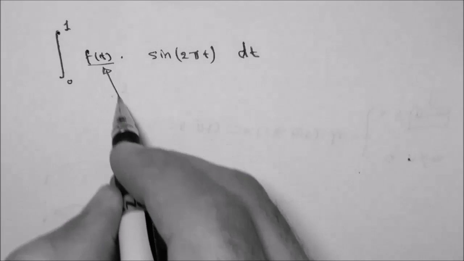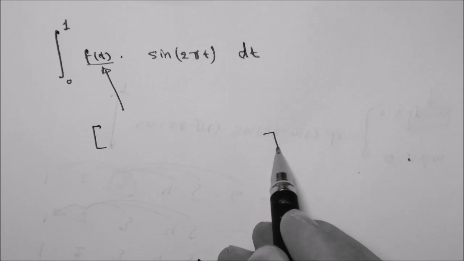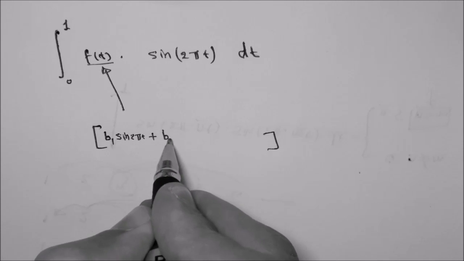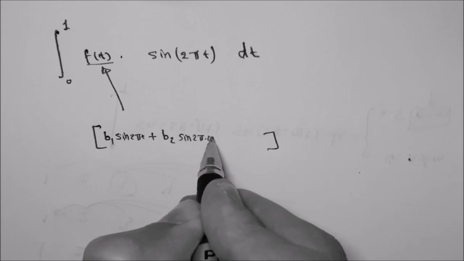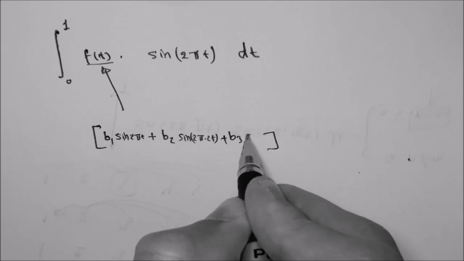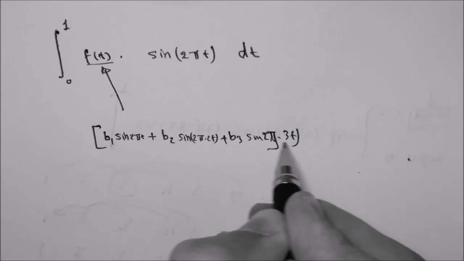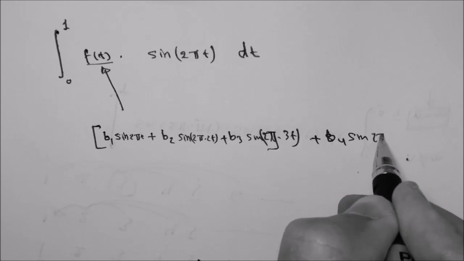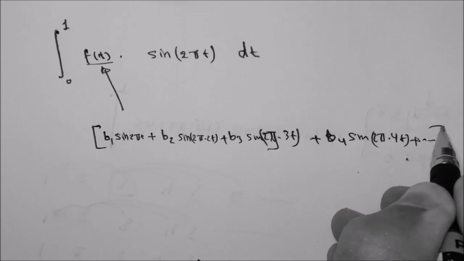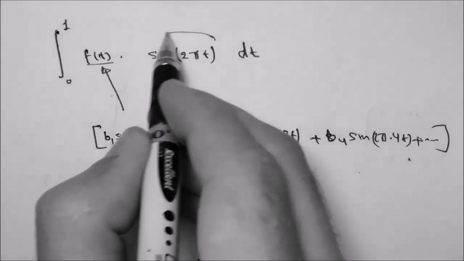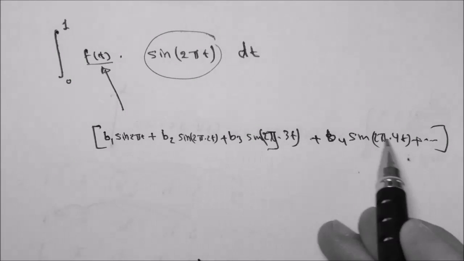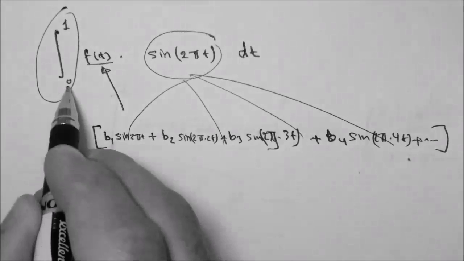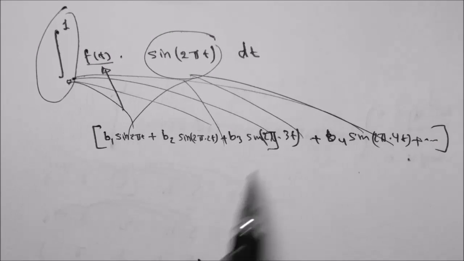We earlier assumed that f of t is the sum of an infinite number of sinusoidals: b1 sine 2 pi t plus b2 sine 2 pi times 2t plus b3 sine 2 pi times 3t plus b4 sine 2 pi times 4t, and so on. So the sinusoidal we multiplied by f of t will be distributed over all this sum. This integration operator will be distributed as well over this sum.